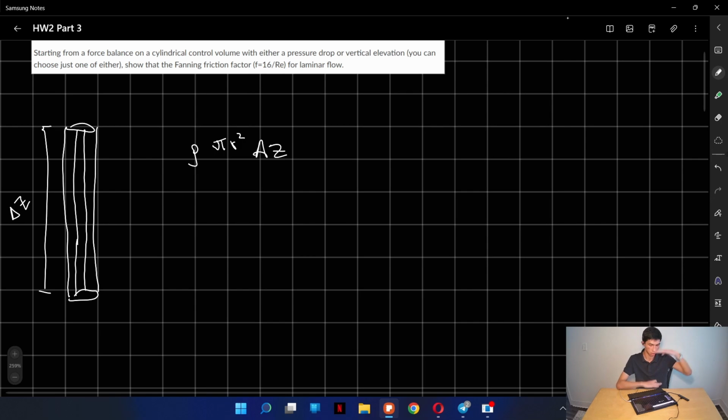So the cross-sectional area is multiplied by the length.